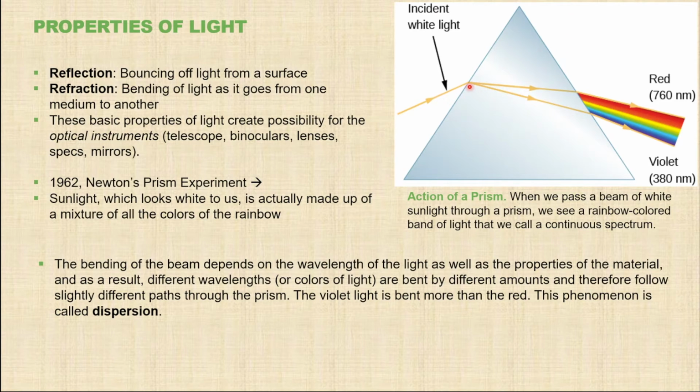So when white light enters glass, they all bend at a different rate, different angle, and now it separates. The white light that had all these rainbow colors, red to violet, bend at different rates, and when they come out, they've got separated from the white light.